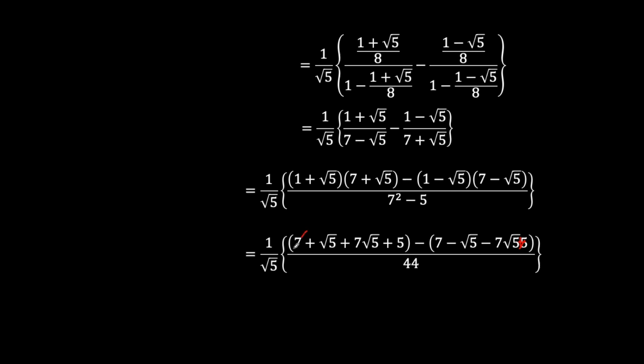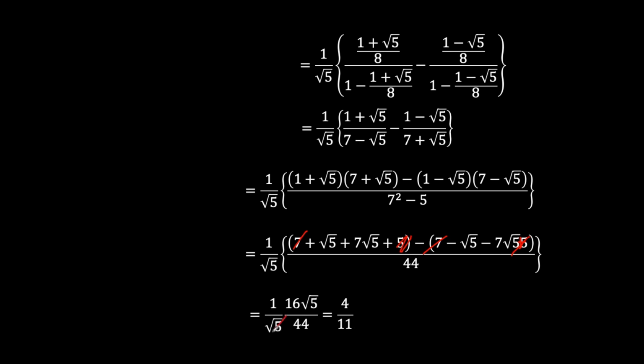So as you can see, this cancels with this, and then this cancels with this. Now we are left with 8 root 5 minus minus, which is now plus another 8 root 5. So we do have 16 root 5 over 44, because 7 squared is 49 minus 5.